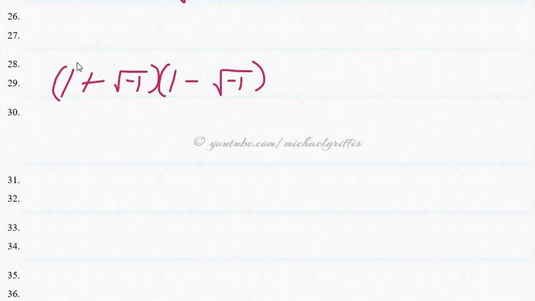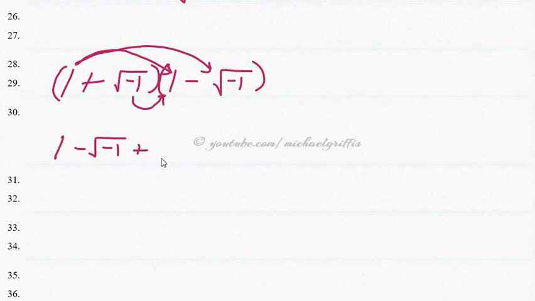So let's multiply these out. 1 times 1 is 1. 1 times the square root of negative 1, but remember there's a minus sign out here, so then we have the square root of negative 1 times 1, and then we have the square root of negative 1 times the square root of negative 1, but we have this minus here, so this is going to be minus.